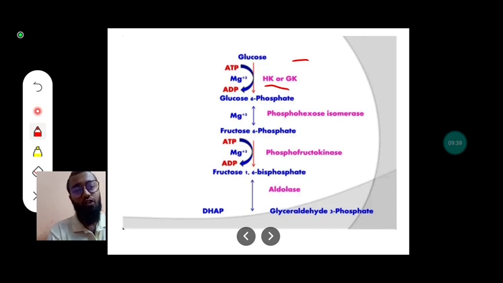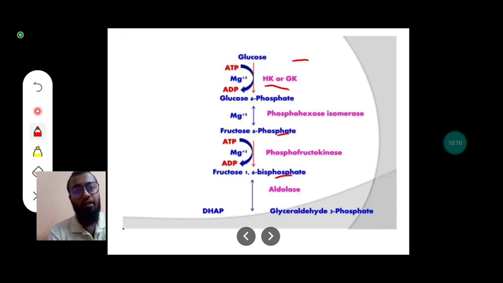Then glucose 6 phosphate is converted to fructose 6 phosphate by the enzyme phosphohexose isomerase. Then fructose 6 phosphate is converted to fructose 1,6 bisphosphate by the enzyme phosphofructokinase. And students, you have to remember the end product and the enzyme, because the enzyme and the product are linked together.